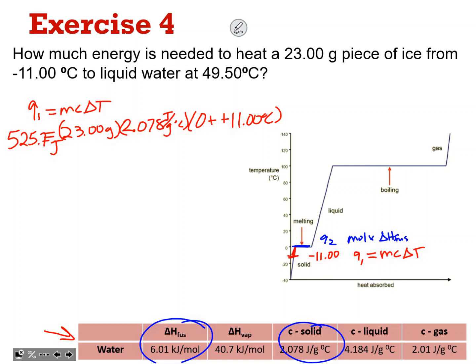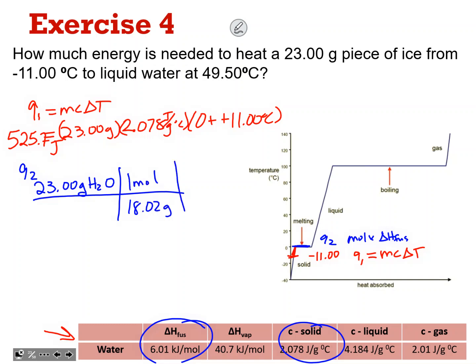We have the grams, so we can convert it to moles. So for Q2, we have 23 grams of our H2O. We can change that to moles real quickly. And then we can use our heat of fusion number, 6.01 kilojoules. Like so. So that's the second step. And that gives us, I think, 7.671 kilojoules.